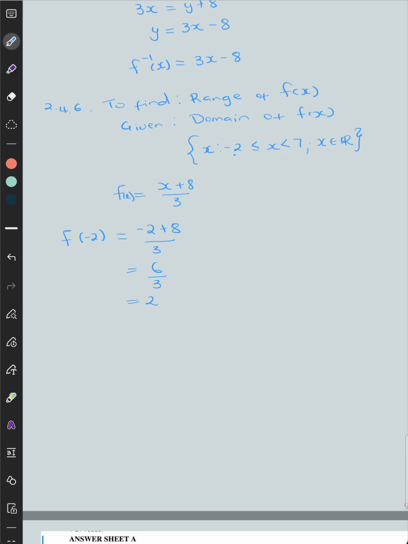All right. Now let's go the other side. Now we want to know what is y when x is 7. So we're looking for f of 7. All right, let's go. 7 plus 8 over 3 is 15 over 3, which gives us 5.